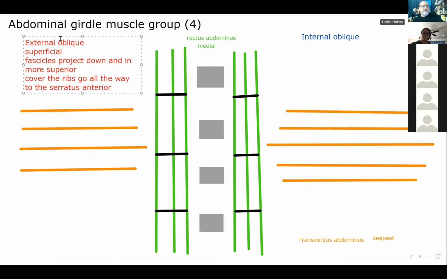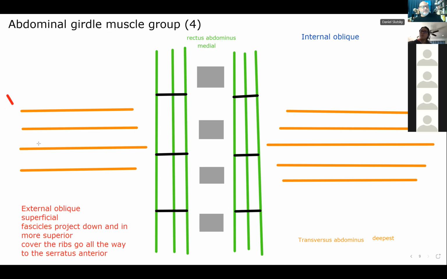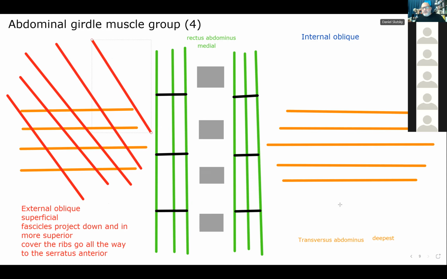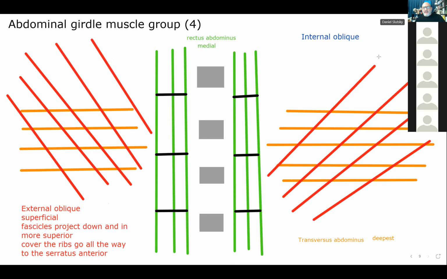So let's put this down below so that we can then draw our external obliques. And of course, remember on this side, they're going to go down and in as well.